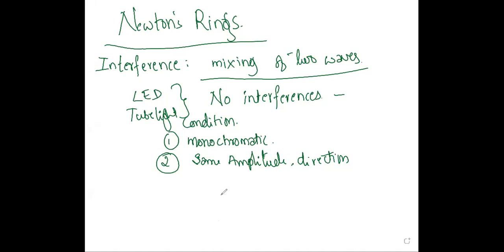Sir, I joined late. Can you give me a summary of the conditions for interference? The question is, what is interference? They must have the same or equal phase difference. Yes, here the point comes: the phase difference.